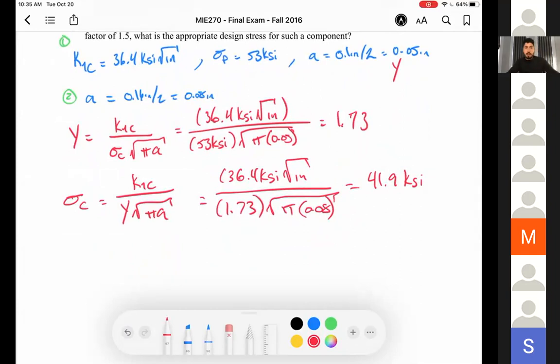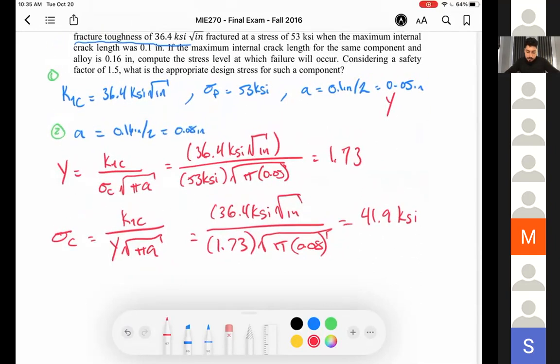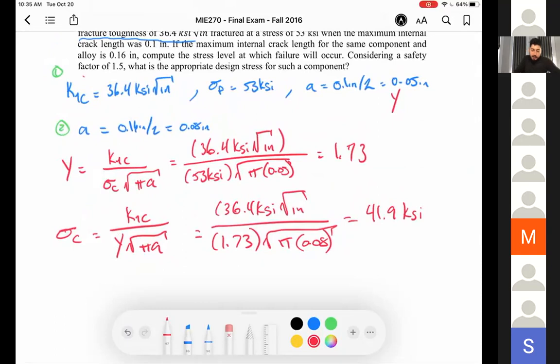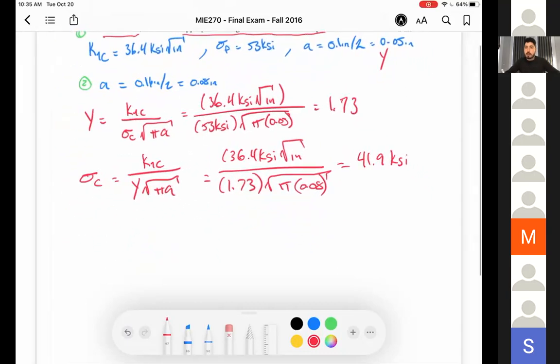Now the question says, consider a safety factor of 1.5. What is an appropriate design stress for this component? Right now we have our critical stress. If we divide our critical stress by our safety factor, we're lowering the stress at which we're telling people to use it, to ensure that failure doesn't occur, correct?